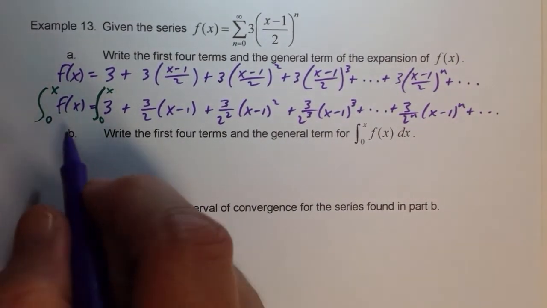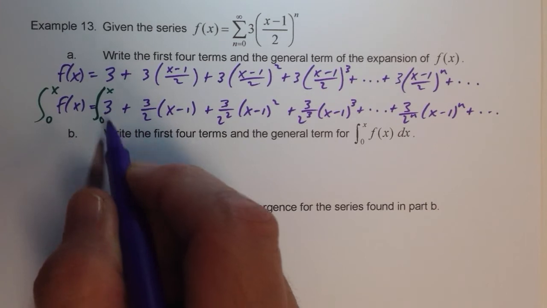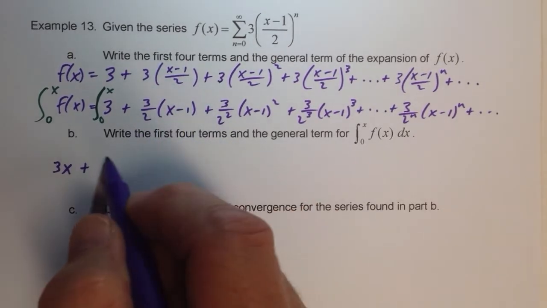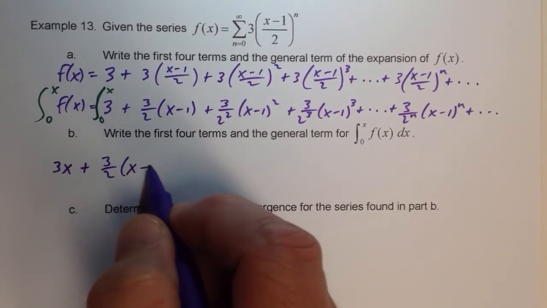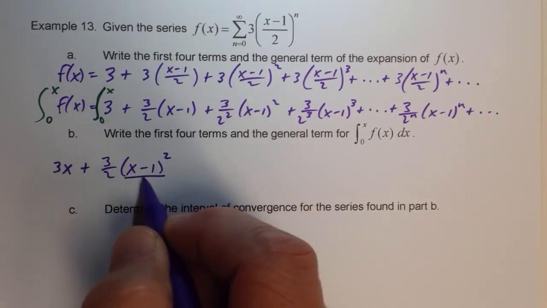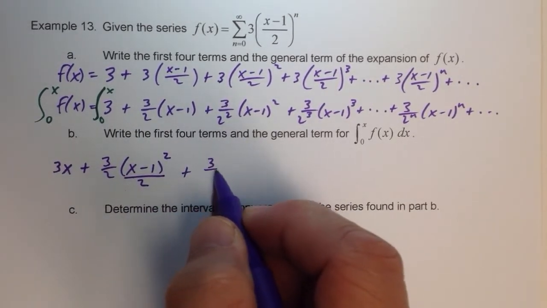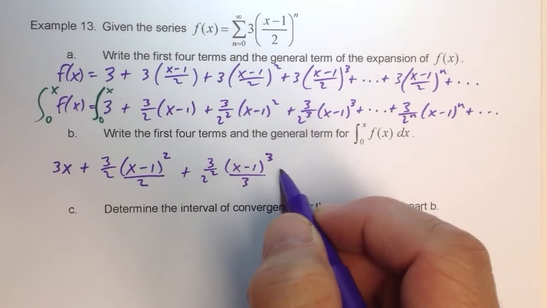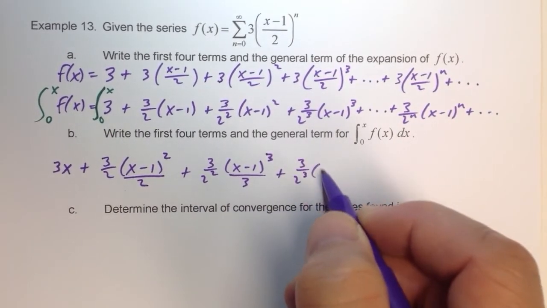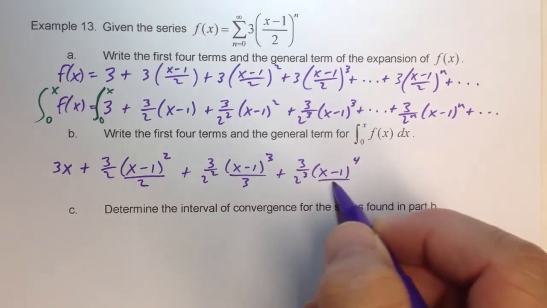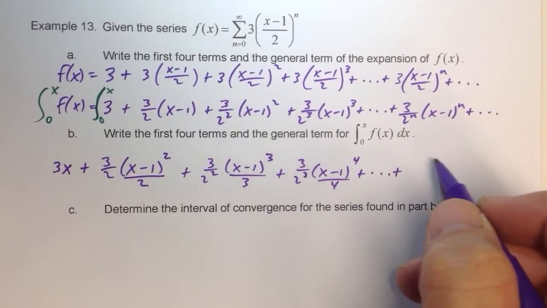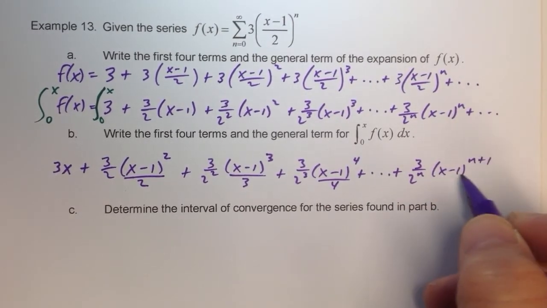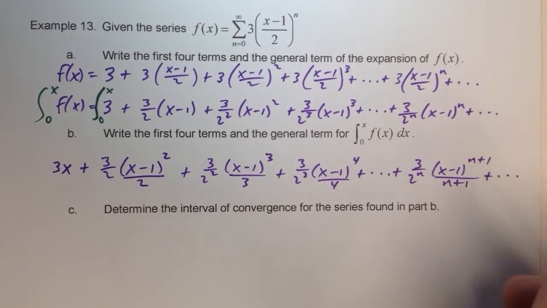So write the first four terms. When we integrate 3, the antiderivative is 3x, plus 3 halves, that's a constant, that's not going to change, times (x minus 1) to the second over 2, plus 3 over 2 squared times (x minus 1) cubed over 3, plus 3 over 2 cubed times (x minus 1) to the fourth over 4, plus dot dot dot plus 3 over 2 to the n times (x minus 1) to the n plus 1 over n plus 1, plus dot dot dot.